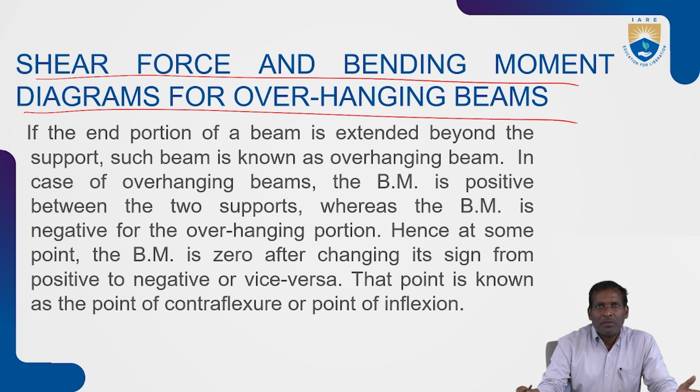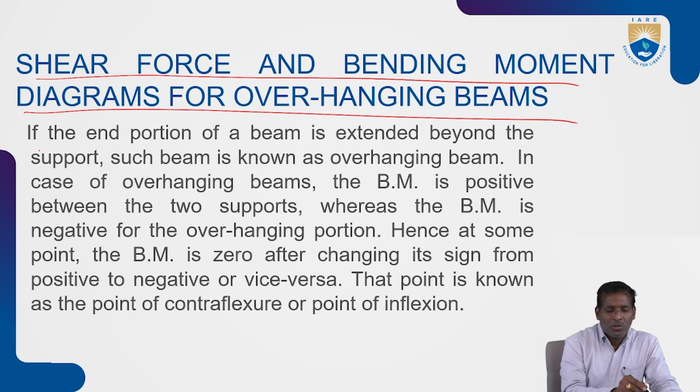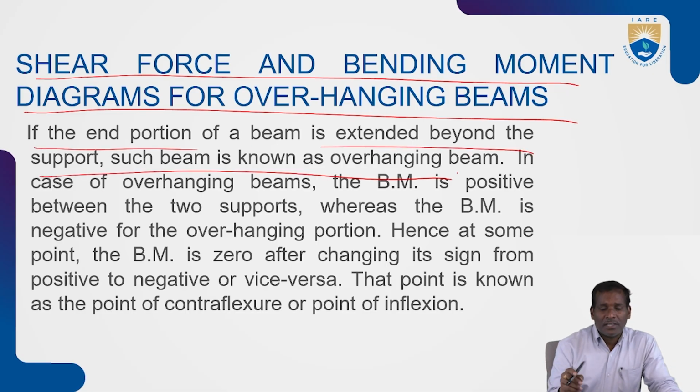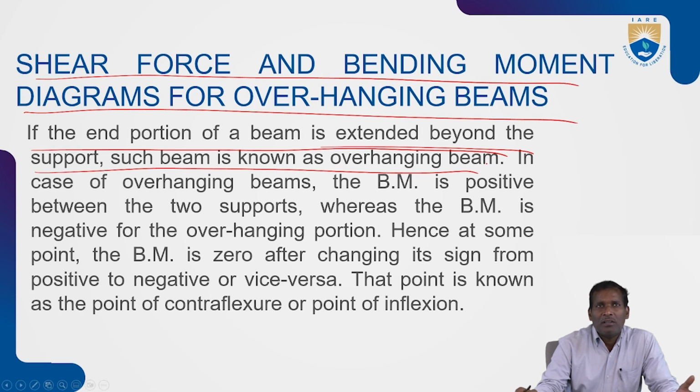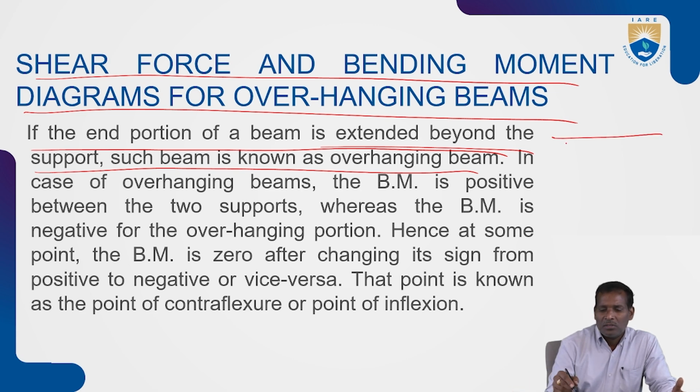If the end portion of the beam is extended beyond the support, such a beam is known as an overhanging beam. I have already given this definition in the introduction class. An overhanging beam is one where the end portion of the beam is extended beyond the support. Suppose the beam is like this, the end part is this one and the other end is this one.